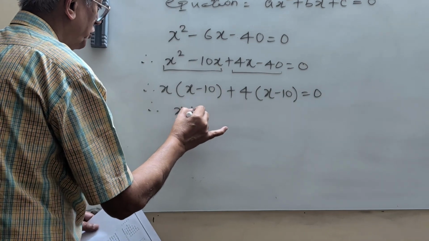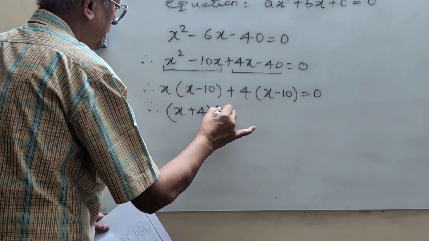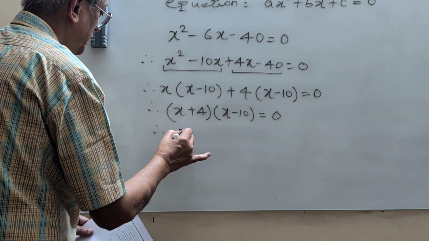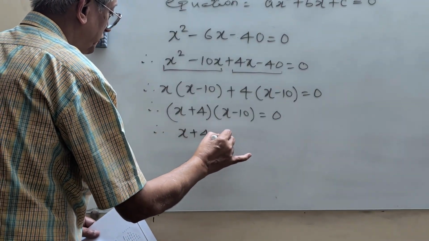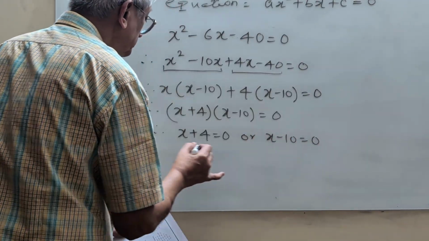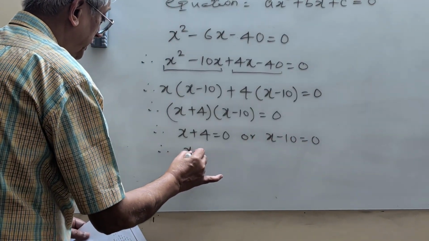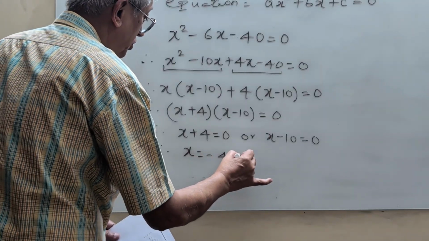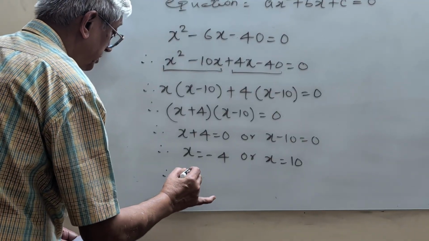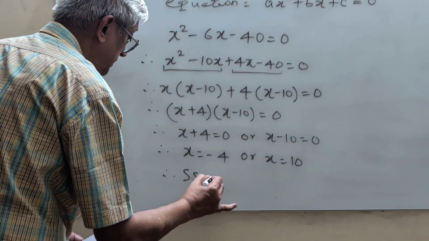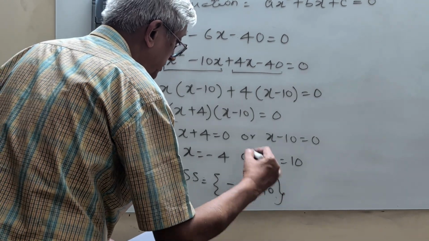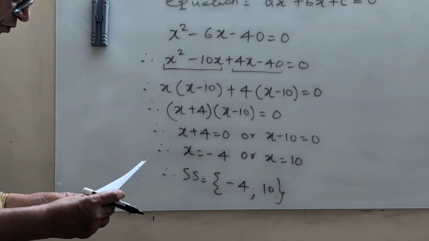Therefore, (x plus 4)(x minus 10) is equal to 0. Therefore, x plus 4 is equal to 0, or x minus 10 is equal to 0. Therefore, x is equal to minus 4, or x is equal to 10. Therefore, the solution set is minus 4, comma 10. So these are the values of x.